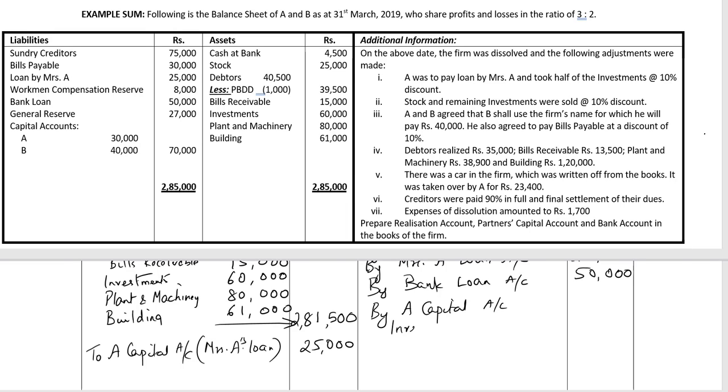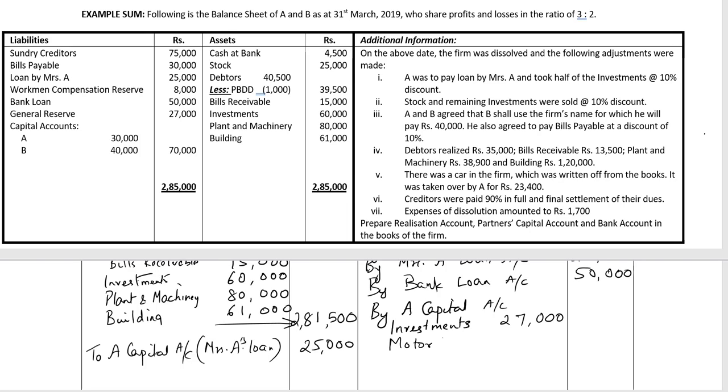The first one is investments. Half of the investments at 10% discount. Half of the investments is 60,000 by 2 or 30,000, and 10% discount is 3,000. So the investments is taken over at ₹27,000.